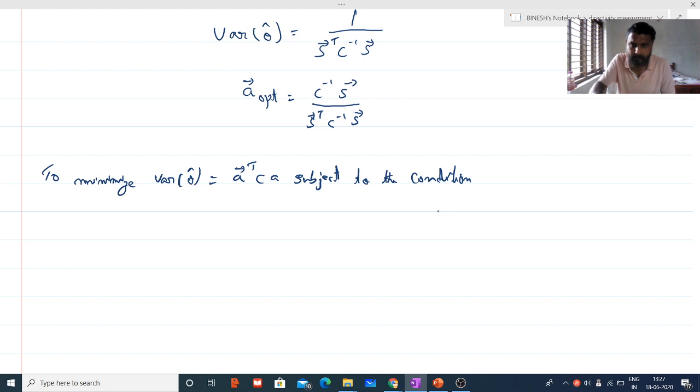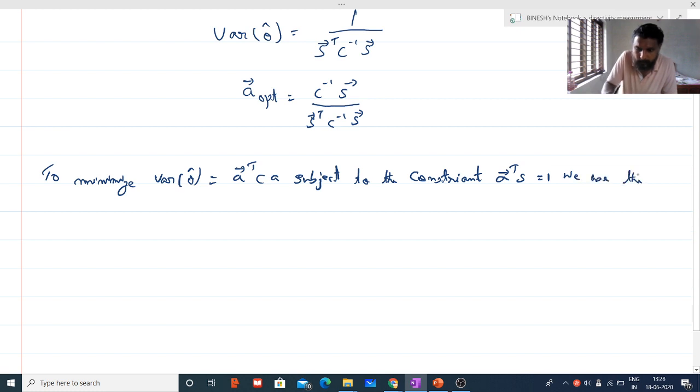So subject to the constraint, it is not condition, subject to the constraint A transpose S will be equal to 1. We use the method of Lagrange multipliers. I think you have heard that one.